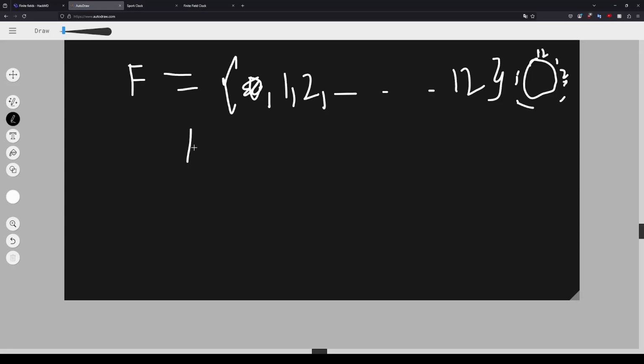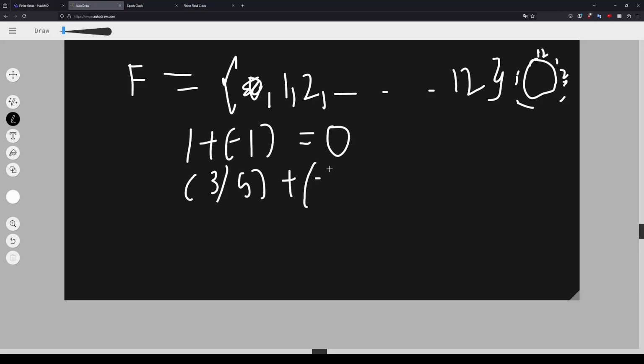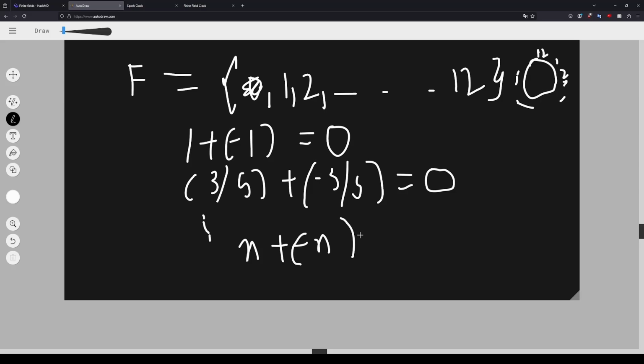Similarly, 3 by 5 plus minus 3 by 5 equal to 0, and so on. We can conclude that n plus minus n equal to 0.